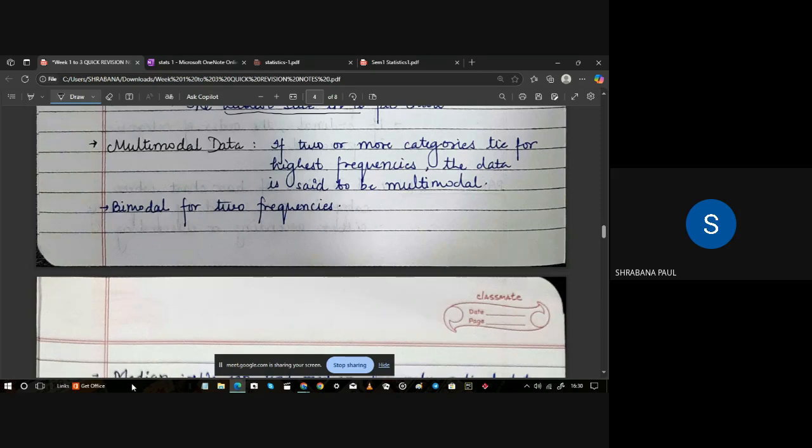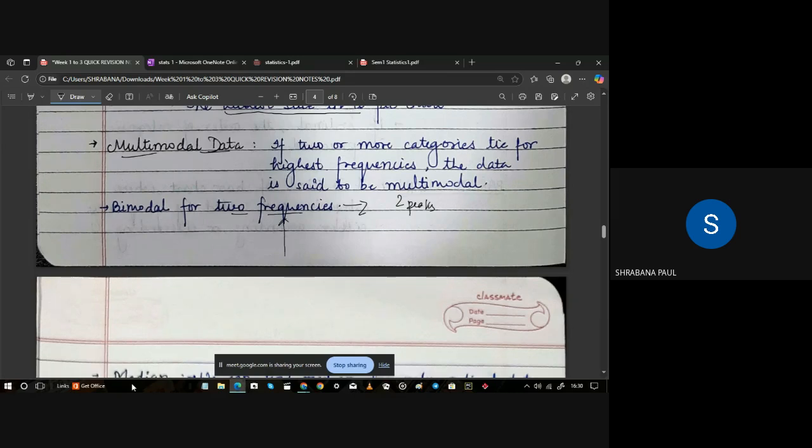Okay, so first, let me say what a bimodal distribution is. A bimodal distribution has two modes, meaning two most frequent values, two peaks, while multimodal has more than two peaks. An example of bimodal is the exam scores of two groups of students, one group scoring about 40 and another 80.